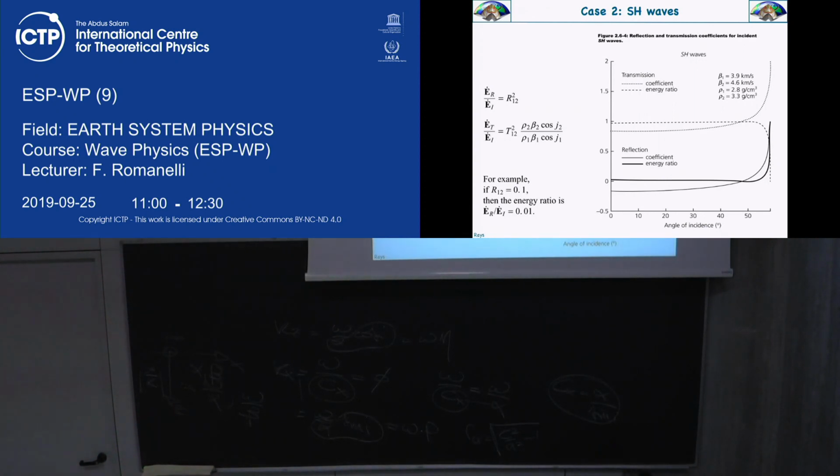Now, this is the first case of a model that is very near to the Earth reality. This plot here is showing energies and energy fluxes, as we did at the time of the string. Energy is related to the square of amplitude. Flux is related to the time derivative, power, and flux, and an area.